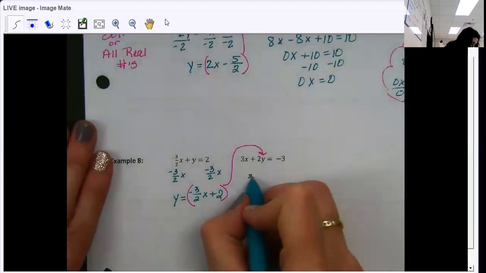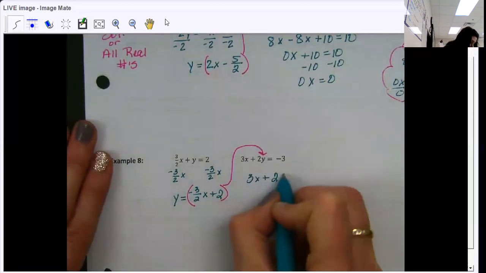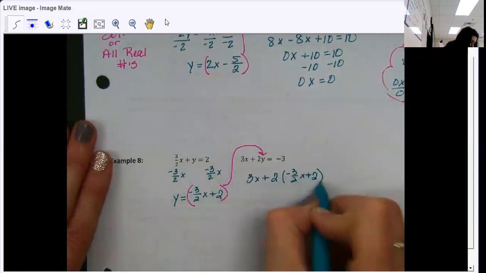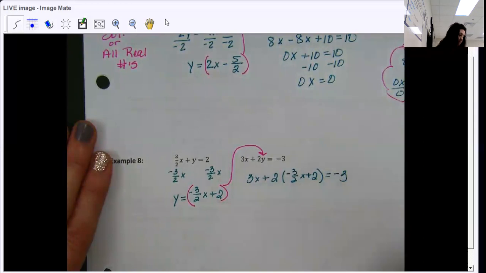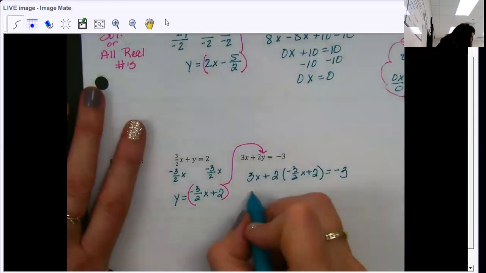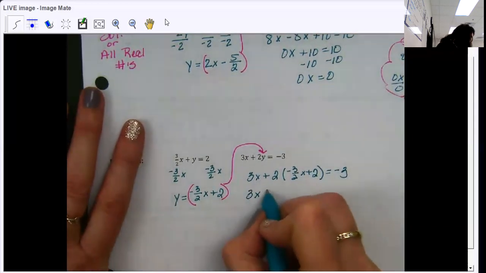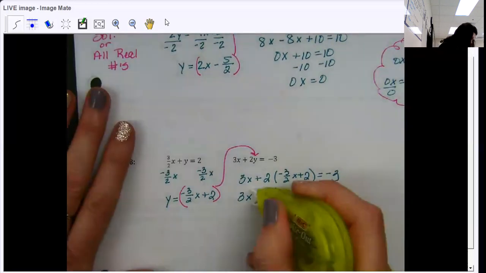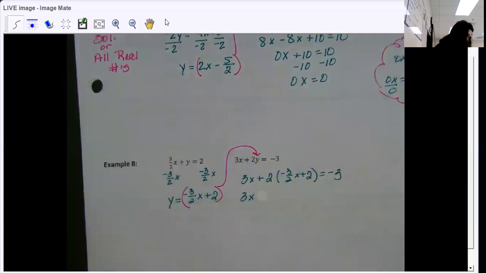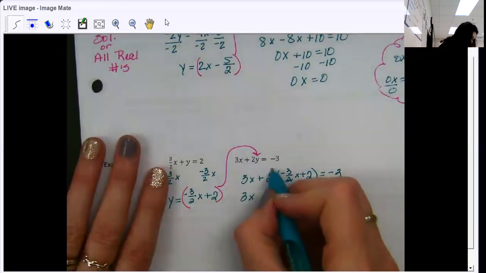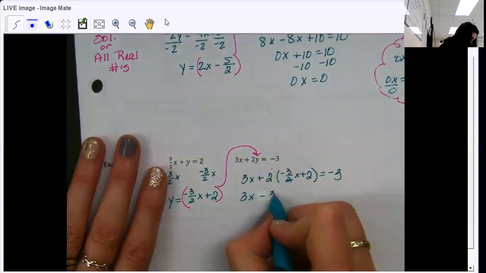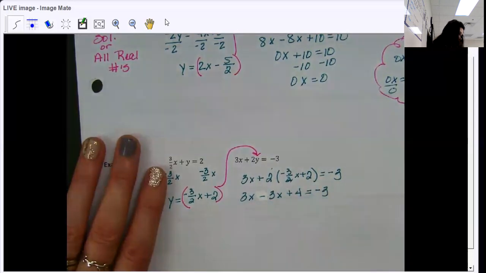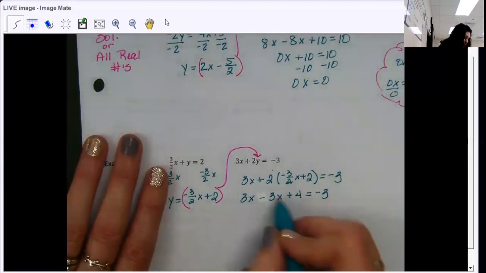So I have 3x plus 2 times -3/2 x plus 2 equals -3. So let's go ahead and solve and distribute that 2. So this is going to end up being 1. So it's going to be -3x plus 4. Okay. 3x minus 3x is 0x.